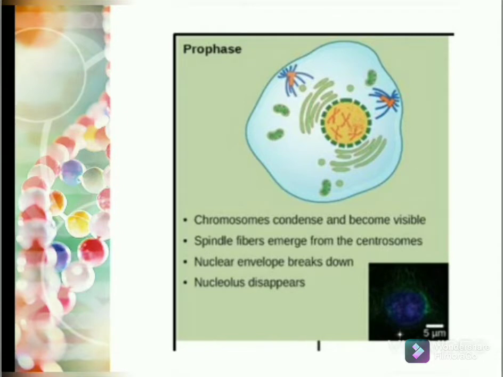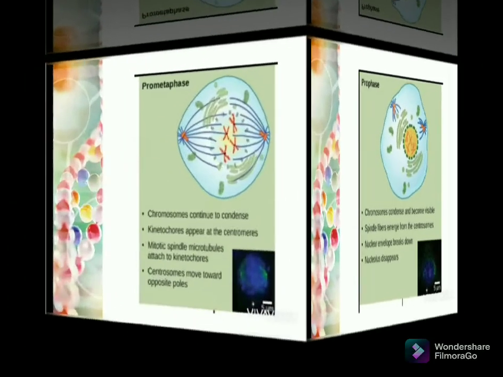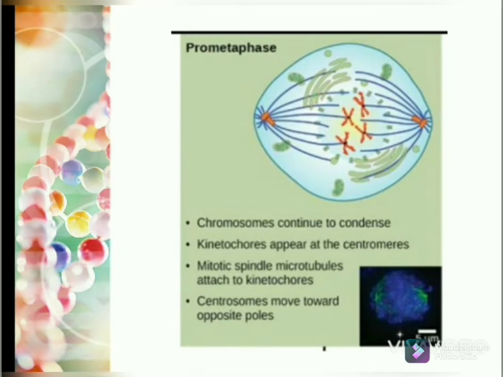Spindle fibers emerge from the centrosomes, the nuclear envelope breaks down, and the nucleolus disappears. Prometaphase. Centrosomes continue to condense, kinetochores appear at the centromeres, mitotic spindle microtubules attach to kinetochores, and centrosomes move towards opposite poles.